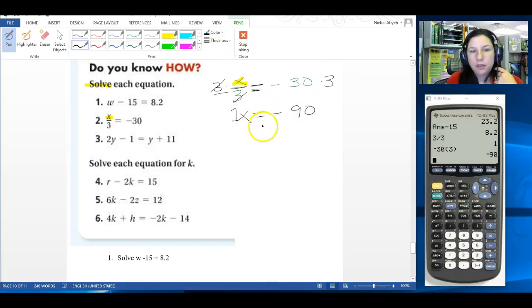So our x is equal to negative 90, and you can substitute that back in and confirm that yes, that works out. That value is what makes this equation true. Let's try another one.